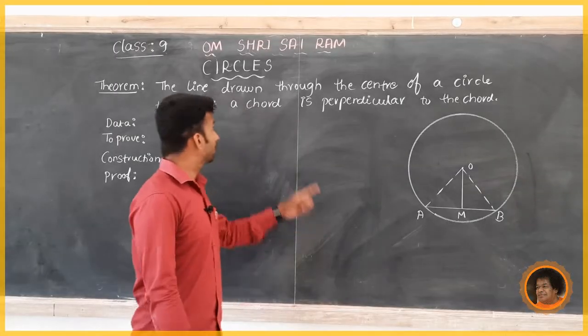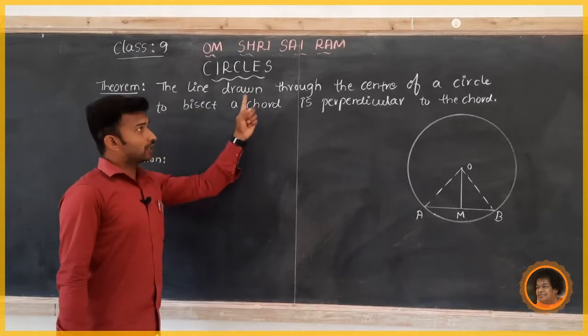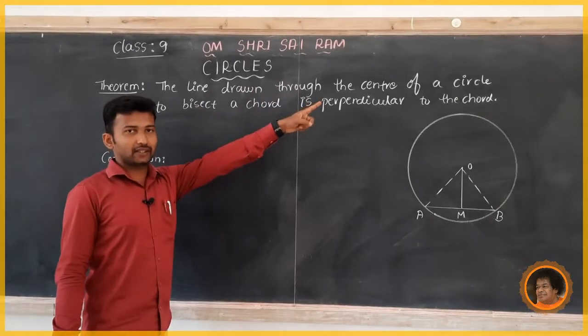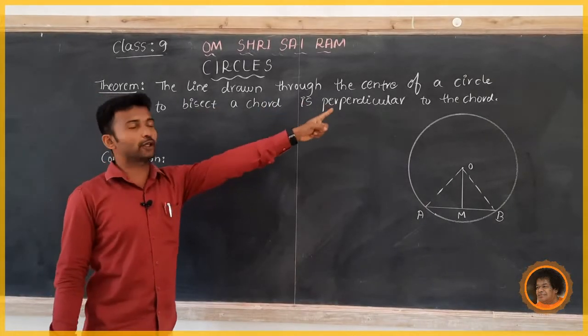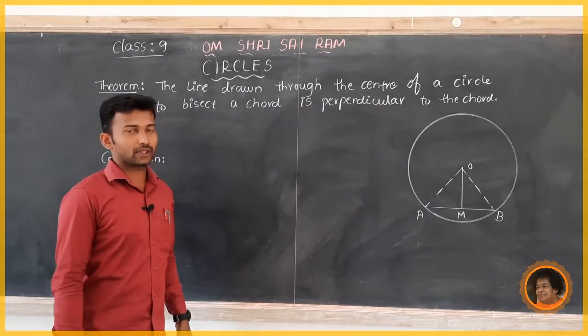Next, the theorem. The line drawn through the center of a circle to bisect a chord is perpendicular to the chord. This is the theorem.